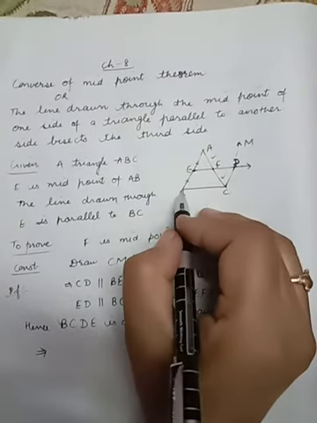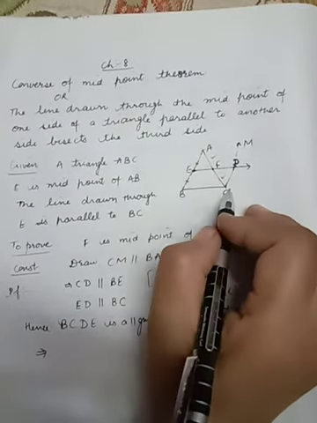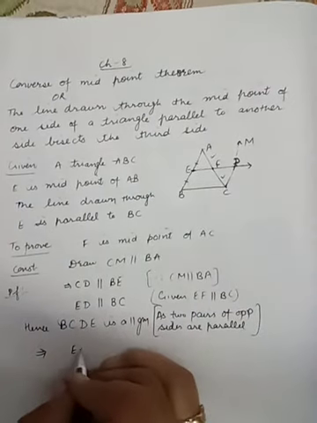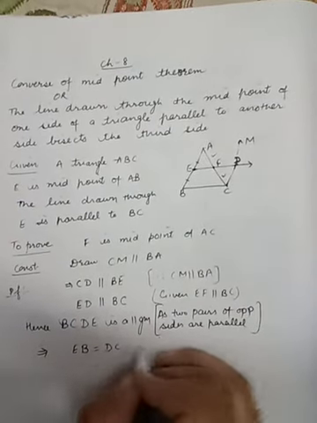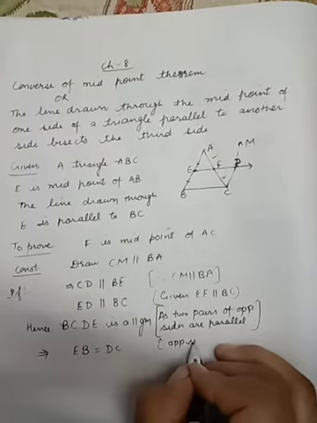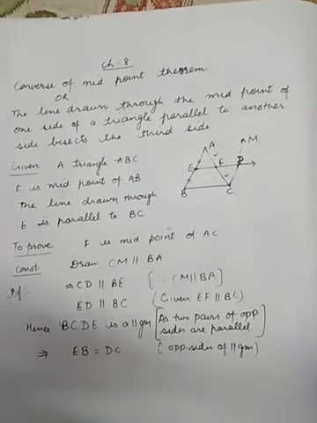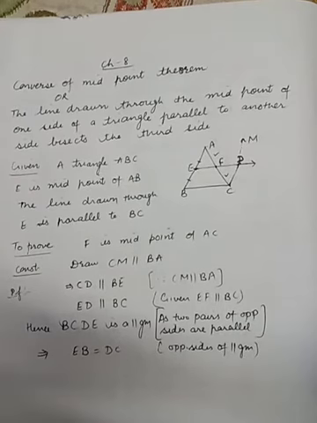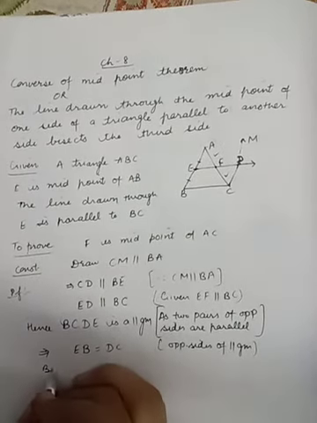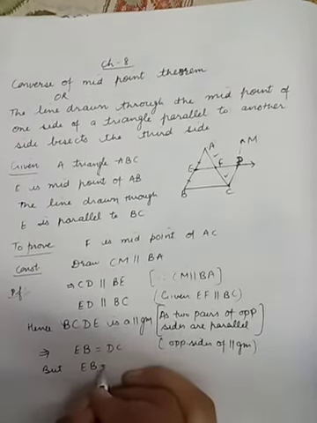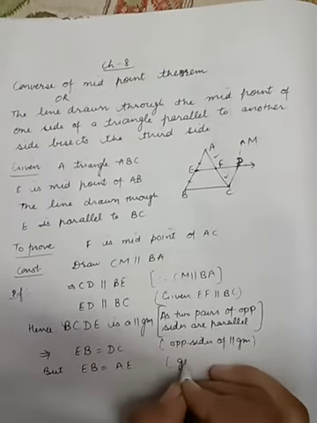Take the opposite side. EB is equal to DC, because opposite sides of a parallelogram are equal. You can write the reason like this. EB is equal to DC, but EB is equal to AE also. It is given E is the midpoint.